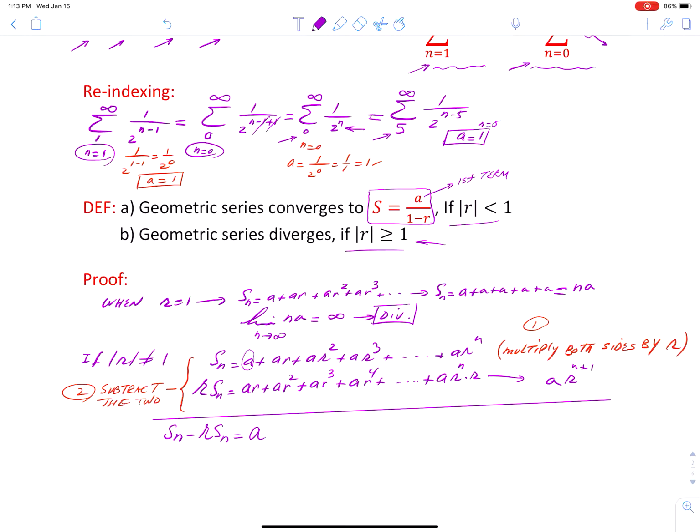And then I have ar. When I subtract the bottom one by negative r, this ar with this ar cancels out. Ar squared with ar squared cancels out. Ar cubed with this one cancel out. This one and this one cancel out. As you can see, everything cancels out. The first and the very last term stay. And the last term gets the negative because it's in the second equation. So you get a times r to the n plus 1.